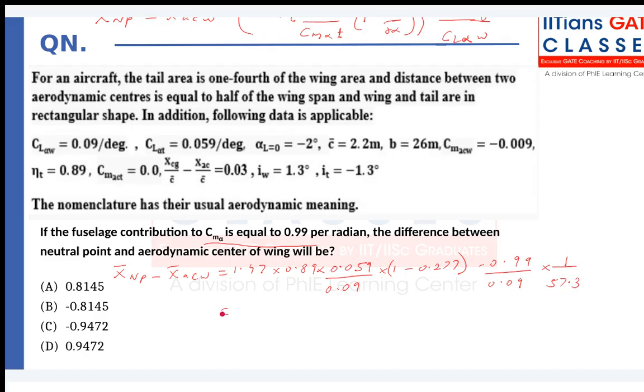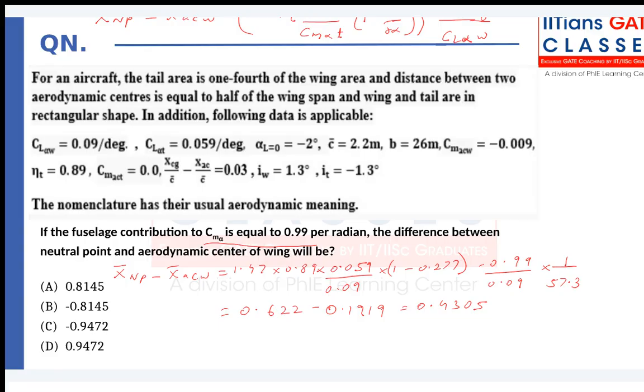So 0.622 minus 0.19919 comes to 0.4305. And now multiply it by C bar.